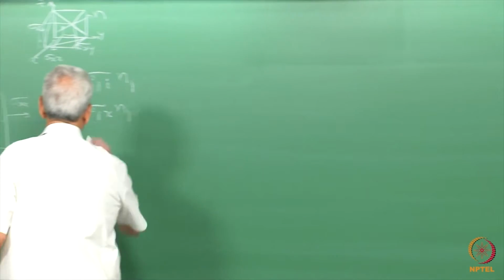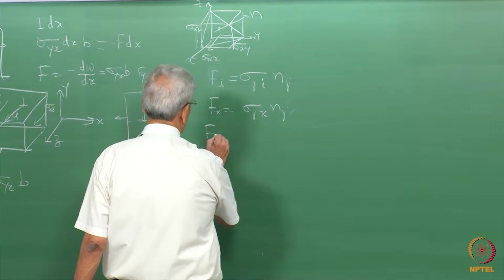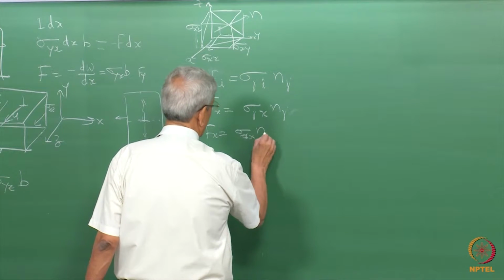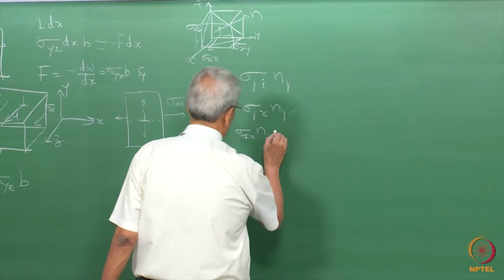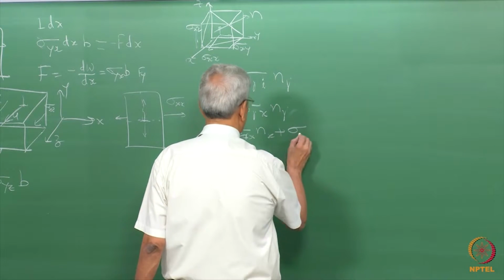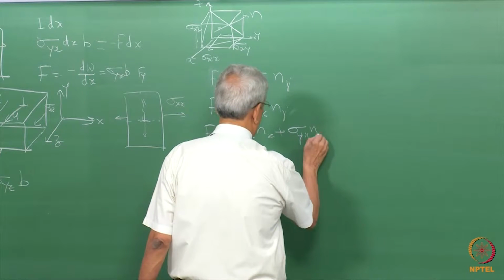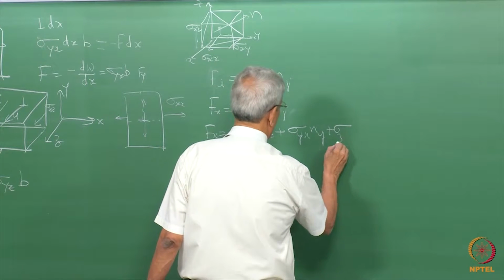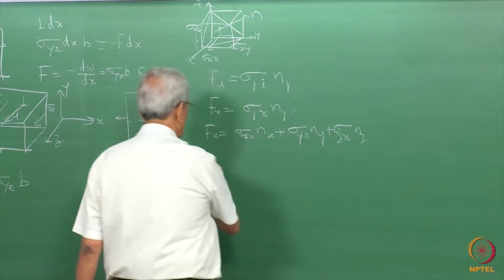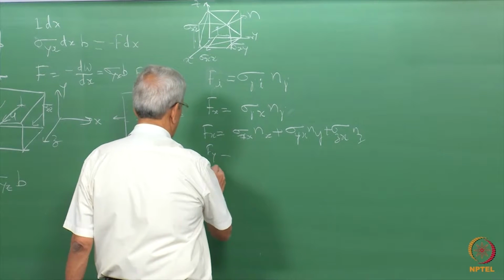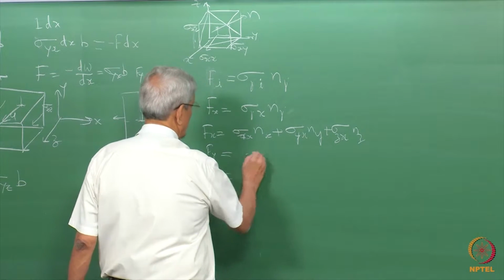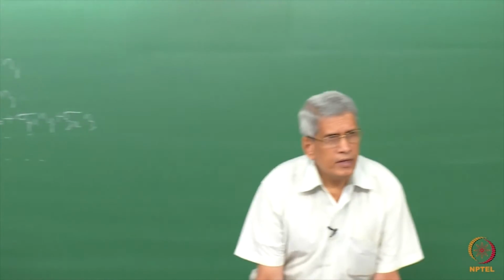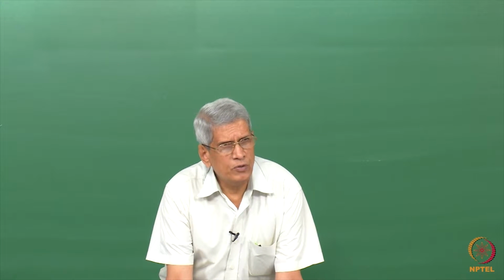So if you expand it, it will be sigma xx into nx and so on. Similarly for Fy, Fz, we can write similar expressions, correct? This tells what is the force which is going to act across this plane.